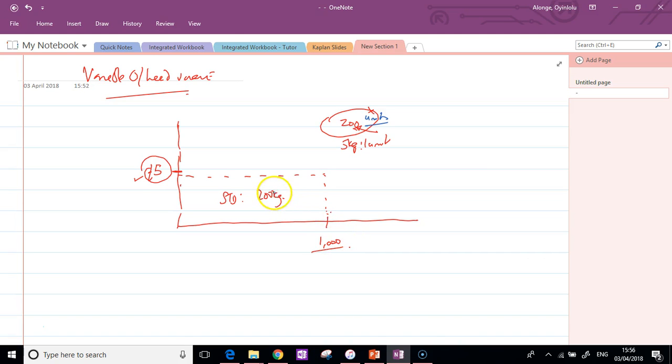Well, this would be 200 units, and this is 1,000 kilograms. What actually happens is you might actually have used more kilograms. So you might have used, say, 1,200 kilograms, and you might have spent £6 on each kilogram. So this is what actually happens right here.